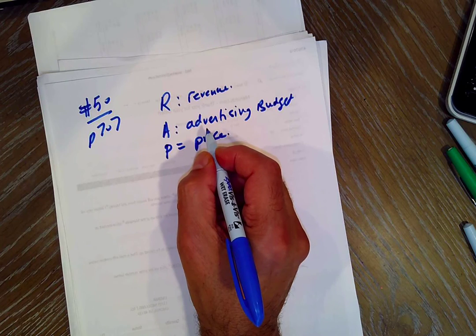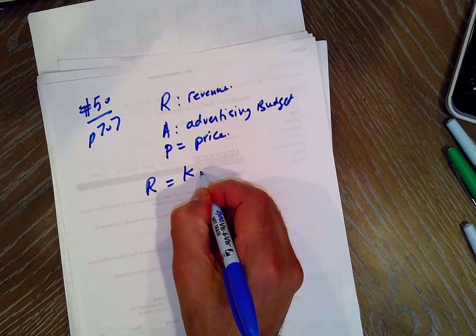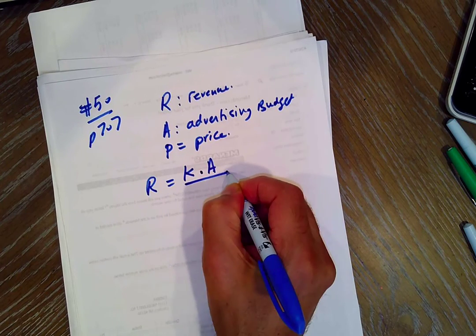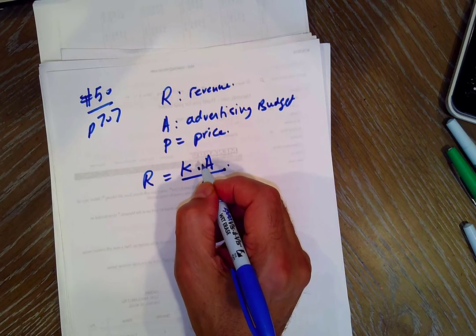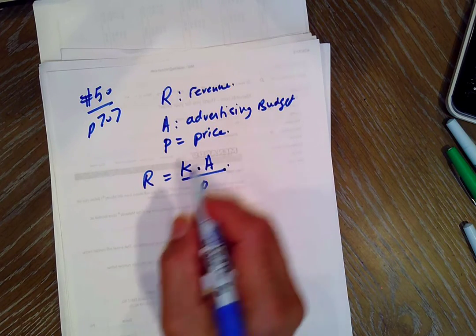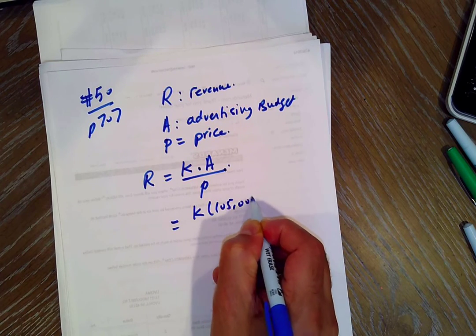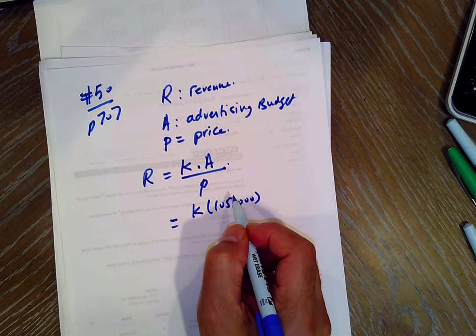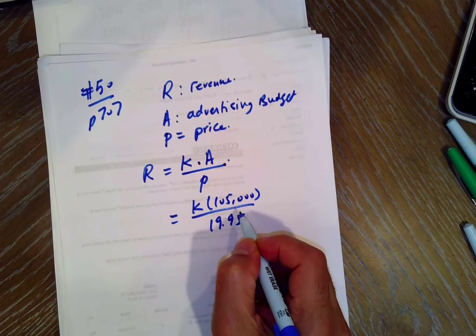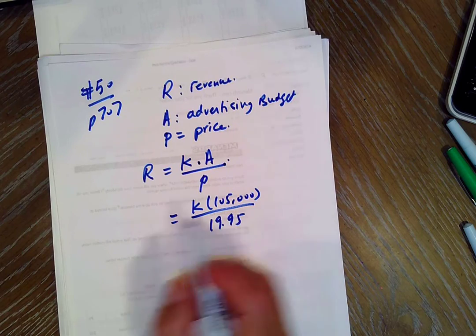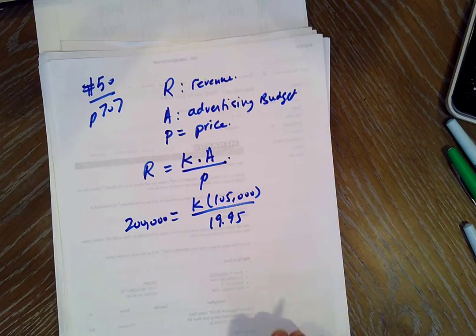To write the formula, the revenue varies directly as the advertising budget and inversely, so we divide by the price. When 105,000 was spent on advertisement, and the widgets were priced at $19.95, the revenue from their sale was 200,000. That's the revenue. So we pause right there. Now we can find K.